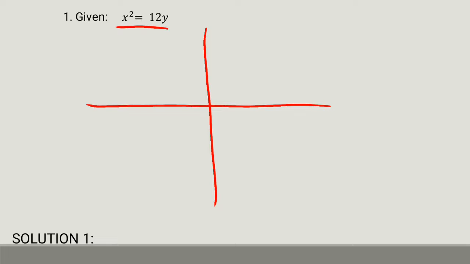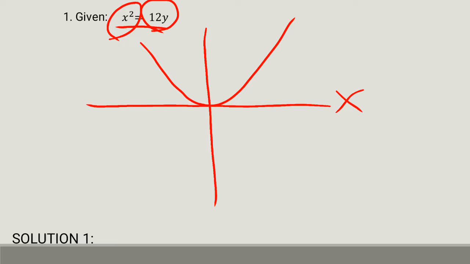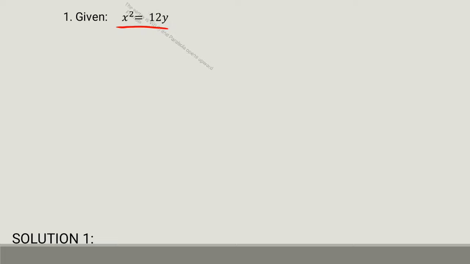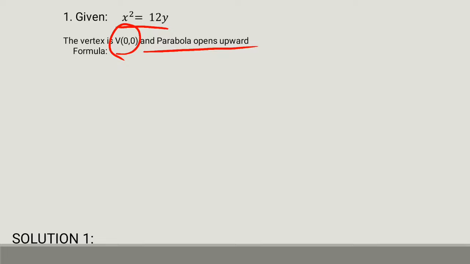So, meron tayong x-axis. Then, ang ating squared nasa variable ng x. So, ang ating parabola is touching the x-axis. Then, opening upward tayo kasi yung 12y natin ay positive. Okay? So, the vertex is at (0, 0), or at the origin. And our parabola opens upward.